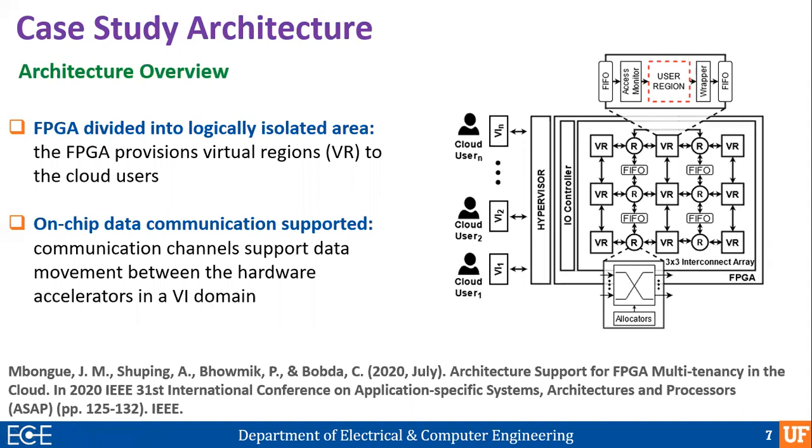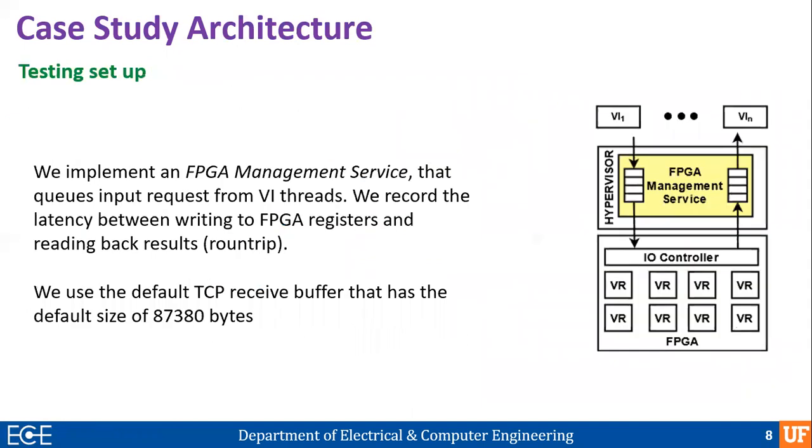So basically, we will try to assess the performance benefit that can be achieved or the performance challenges that can be observed in this architecture. For that purpose, we developed a piece of software that we call the FPGA Management Service, and that service provides input and output queues to the FPGA.